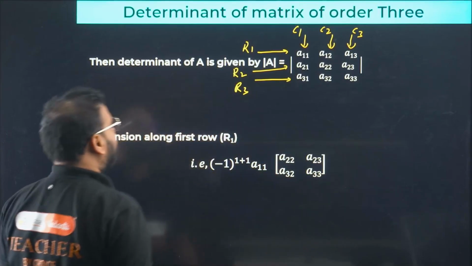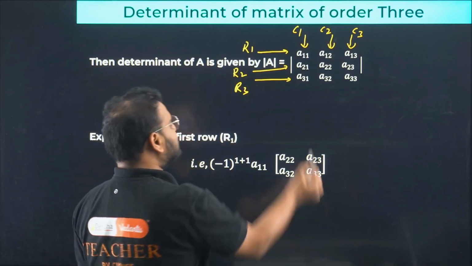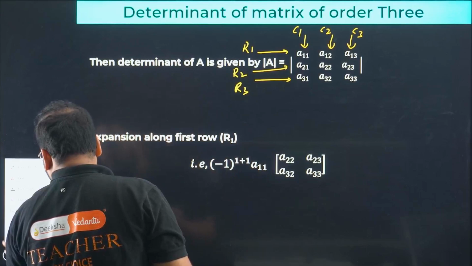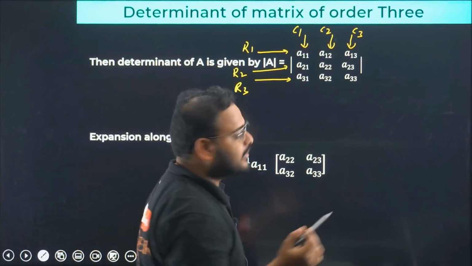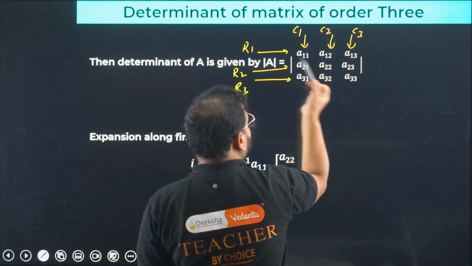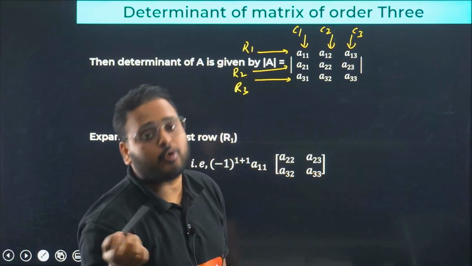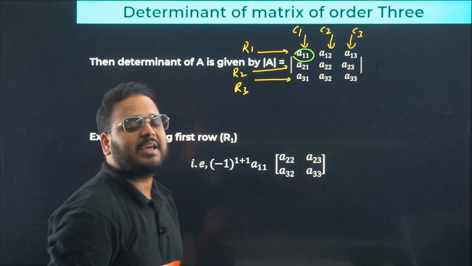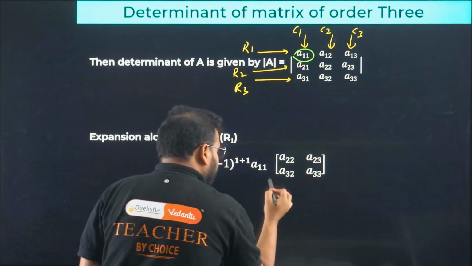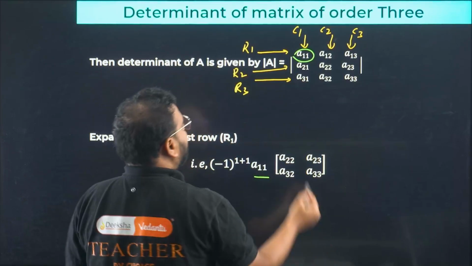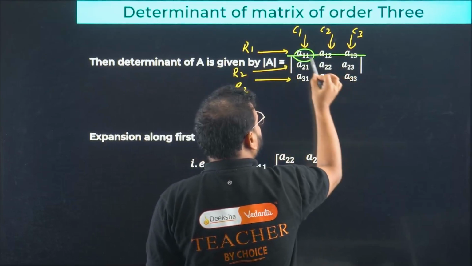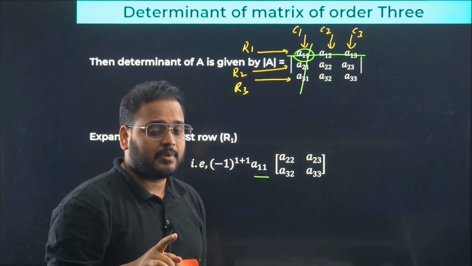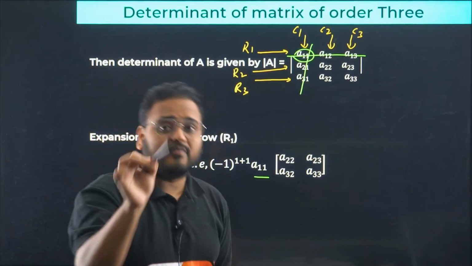Okay, and how do we find it? Once you select, let's say, row 1, the next step is to eliminate. Of course, before eliminating, we have to choose the element we are talking about. My first element is A11, right? So you write here A11 and then eliminate that particular row and column where the element is contained, also called the address of the element.